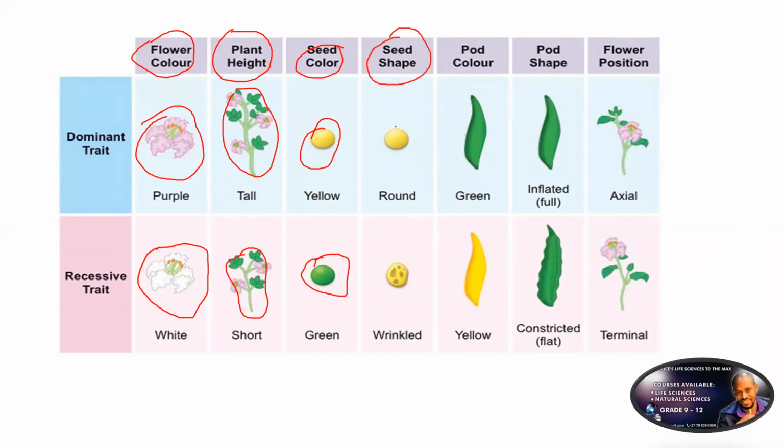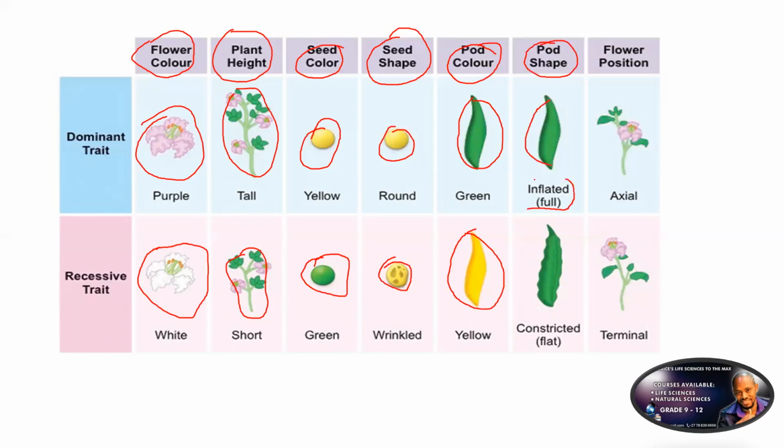Some pea plants produced seeds that were round, while others produced seeds that were wrinkled. Pod color. Some pea plants produced green pods, while others produced yellow pods. Pod shape. Some pea plants produce inflated, otherwise full pods, while others produce constricted or flat pods.